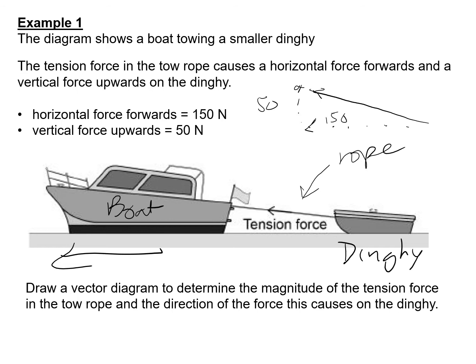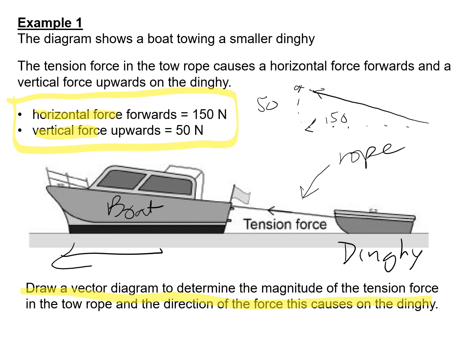Okay, these two things here are what we call the two components. We've got the horizontal component and the vertical component. The next thing we have to do is to draw a vector diagram to determine the magnitude of the tension force in the tow rope.